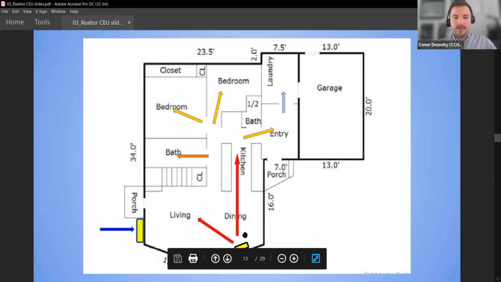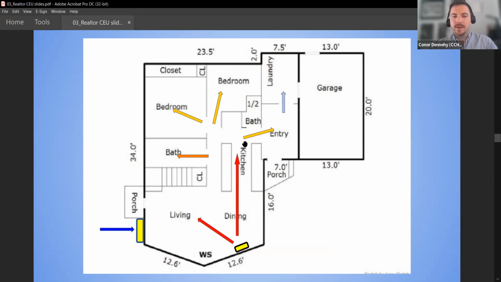And then that one down in the dining room is the indoor head. These red arrows indicate the heat that will be coming off of the ductless mini split. The further we get away from it, and the more turns and nooks and crannies we have to work through, the colder that air is going to be. So there's a limit to how much space you can serve with these.